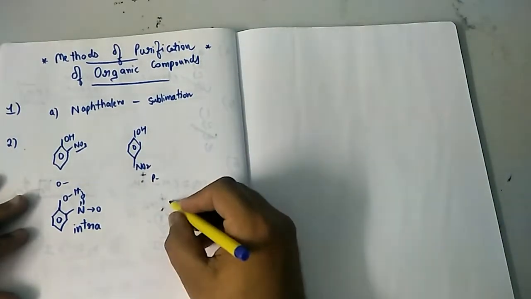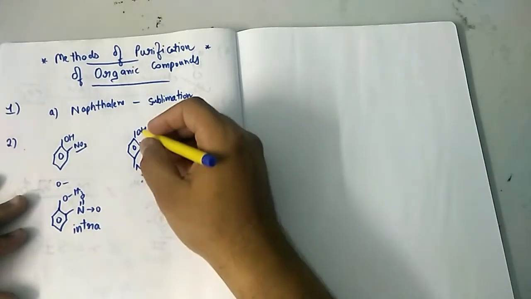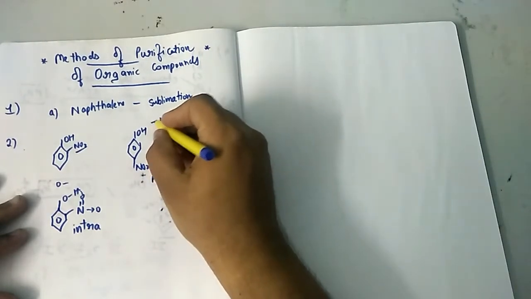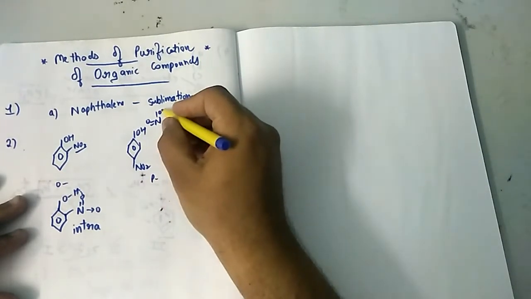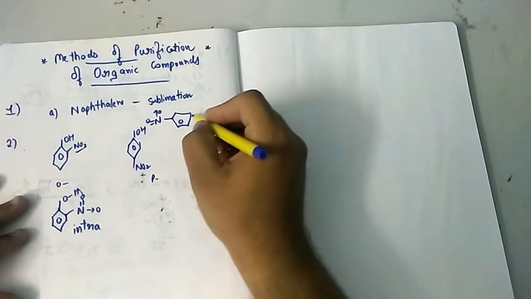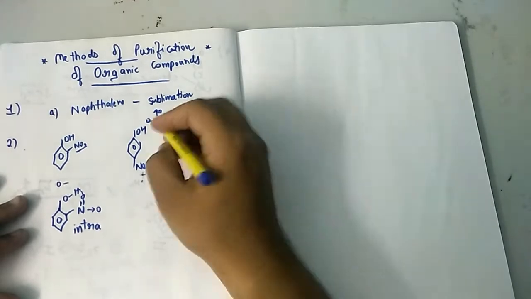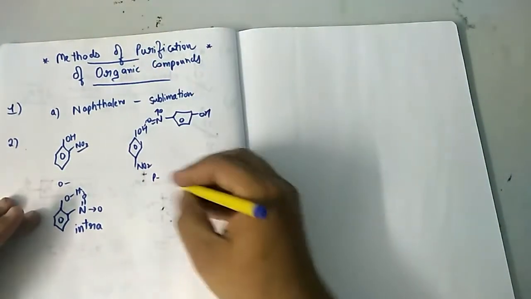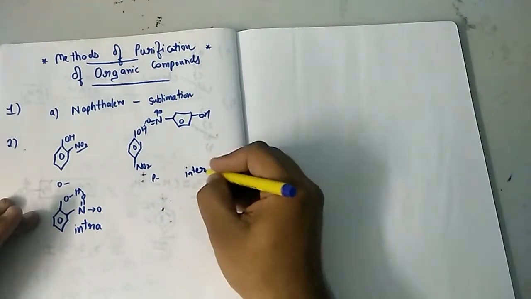And here among the two molecules, let's say one molecule is this and another molecule is like this. This para nitrophenol, and this H and this O, this is the intermolecular hydrogen bonding.